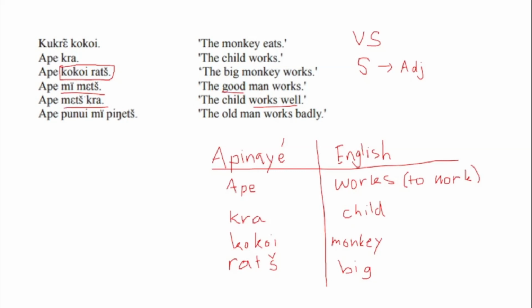So that means that, oh, okay, so here the adjective is modifying the verb ape. So the child works well means that mich is good or well.